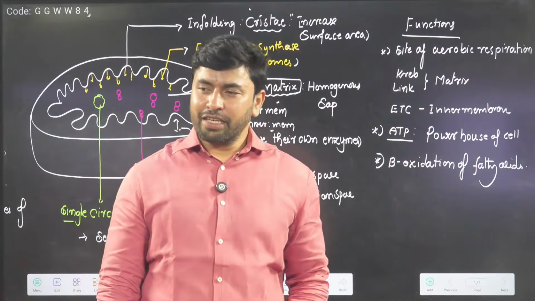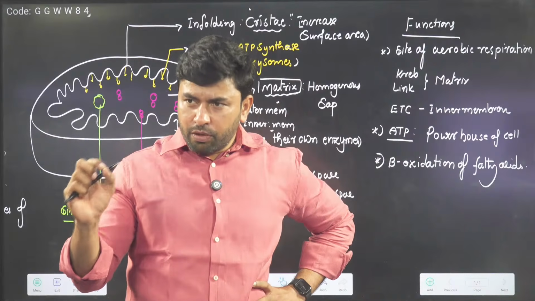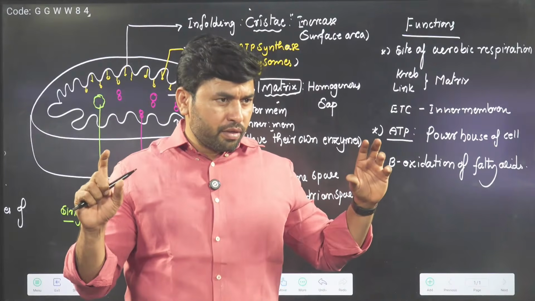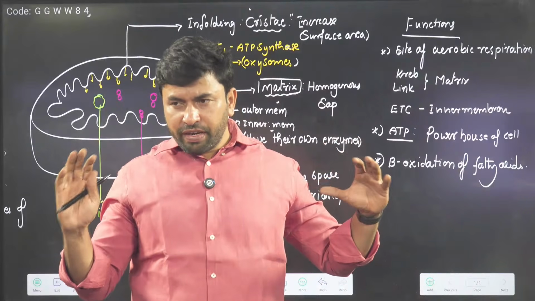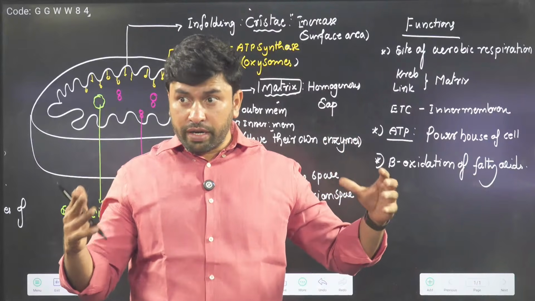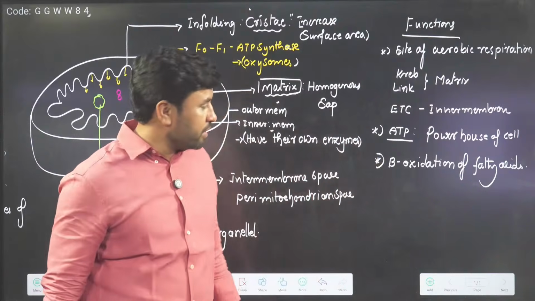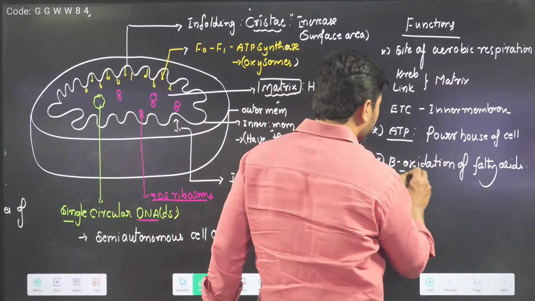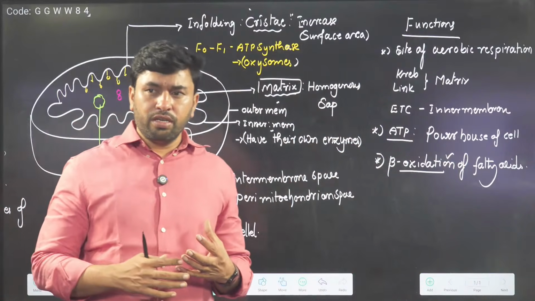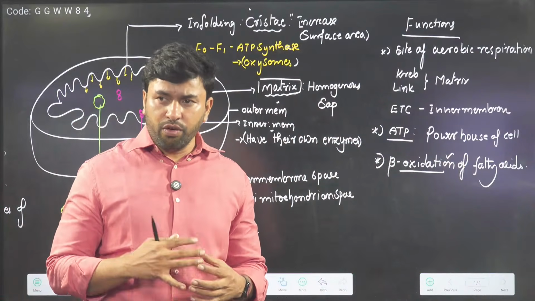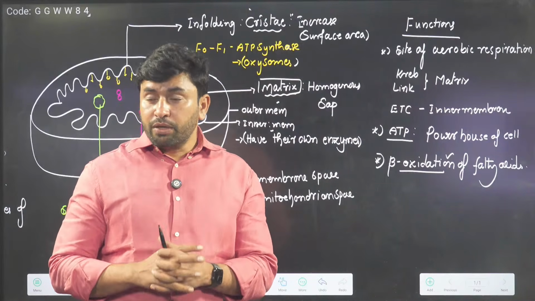Another interesting point, whatever the fats that we are able to break down. For example, there is a person who is obese, he has to lose the fat. In order to lose the fat, more mitochondria required. Be very careful. Why is more mitochondria required? Because fats will be oxidized only in mitochondria. Whatever the energy we are expecting to derive from the fat would be taken from mitochondria only.